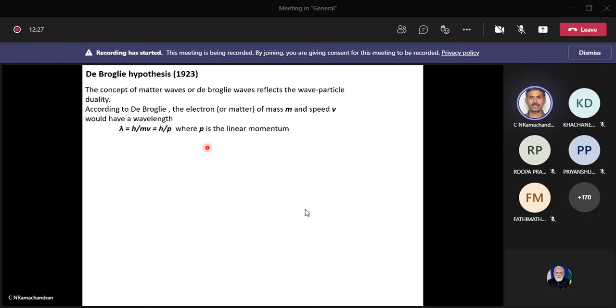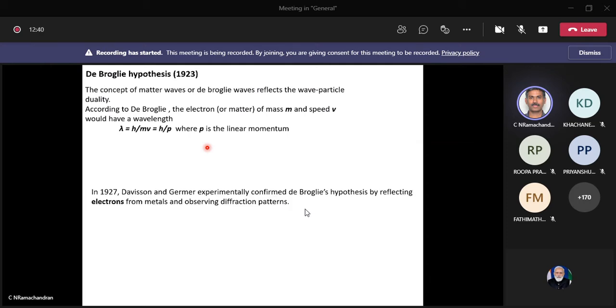But still we can talk about that. But if you go to smaller particles, this is very important. That wavelength is considerable. We have to consider it. And that is what he suggested. That means they have both particle nature and wave nature, which was not known at that time.